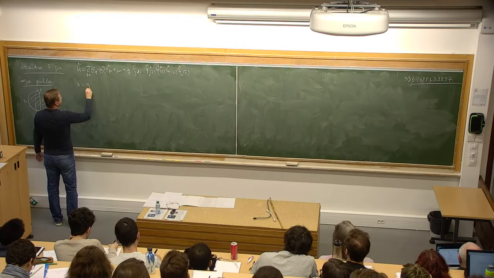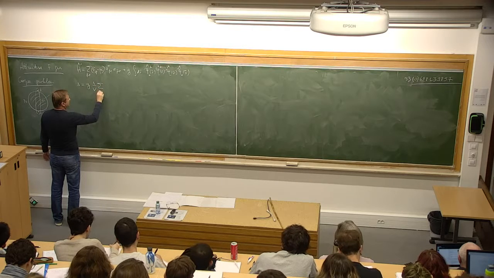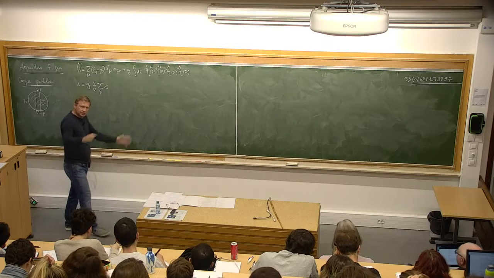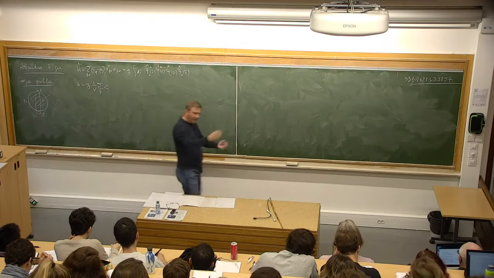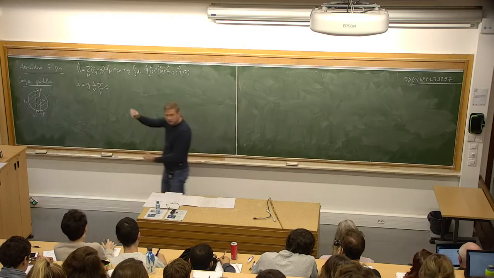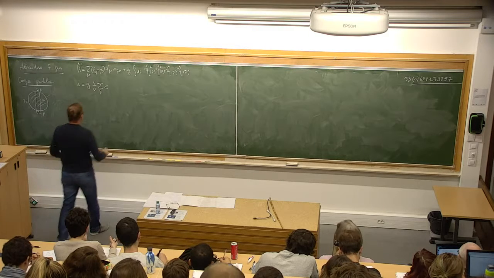Let me write it like this: G, one over volume, sum over p. So you have a new state, which is formed by these correlated pairs of fermions that move together, to break which you need an energy 2 delta.